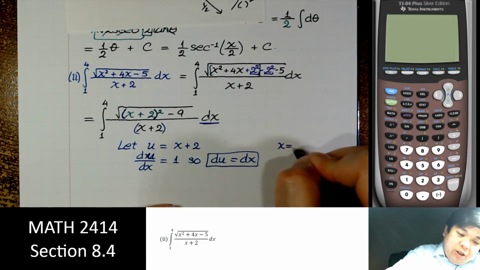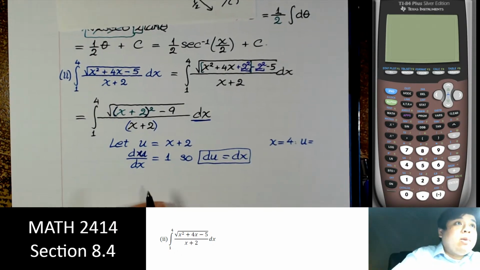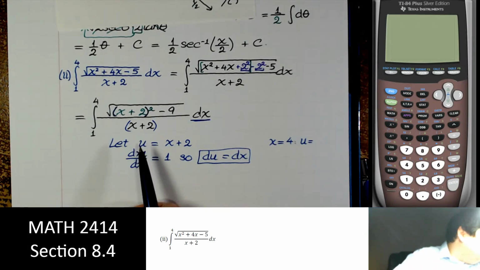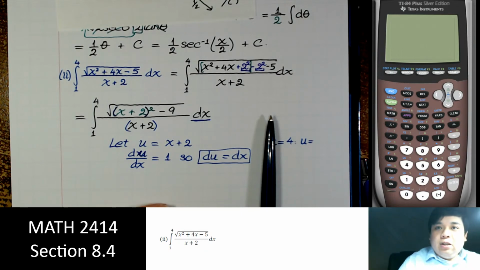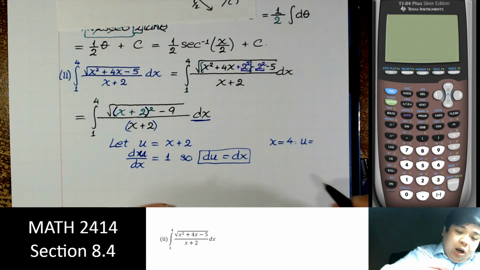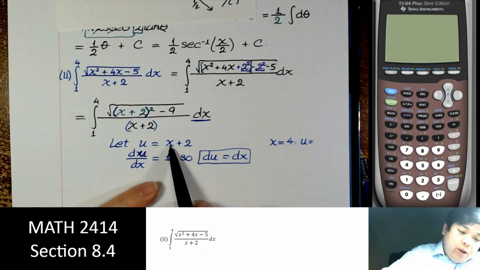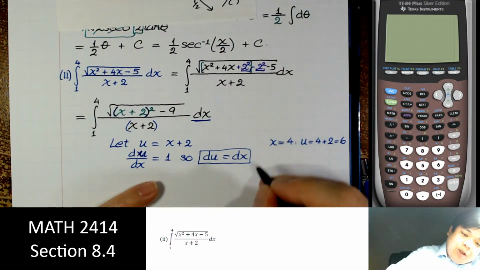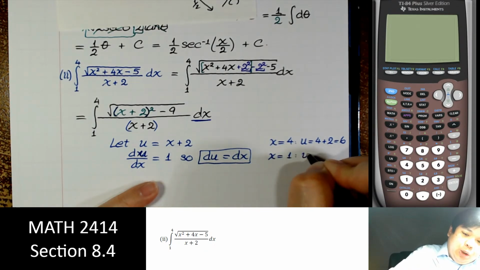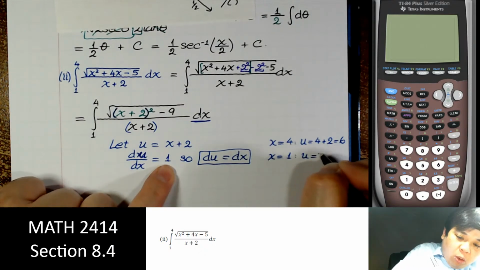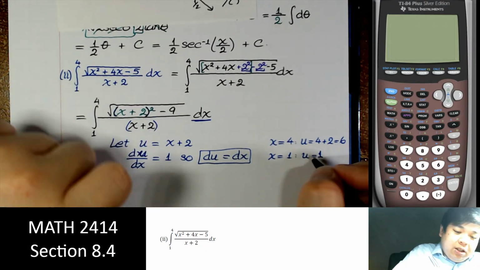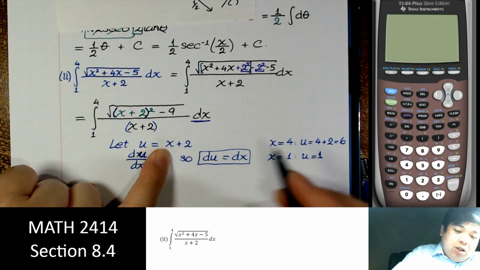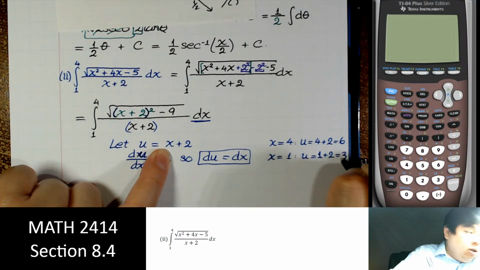When x equals 4, u equals 4 plus 2. And when x equals 1, u equals 1 plus 2, 3. So go from 3 to 6.